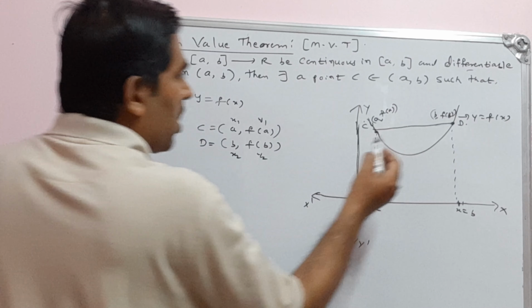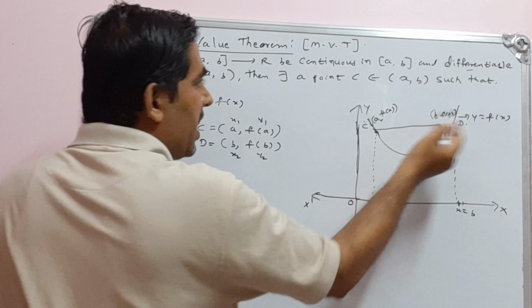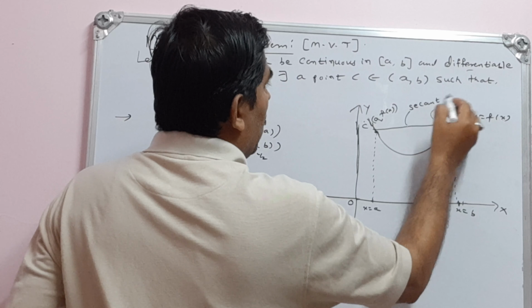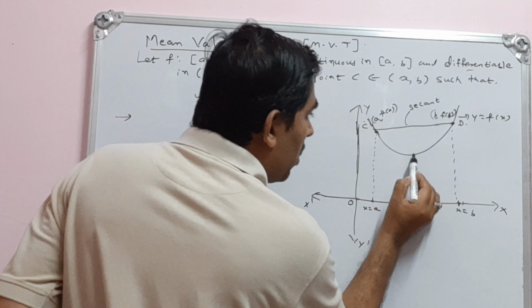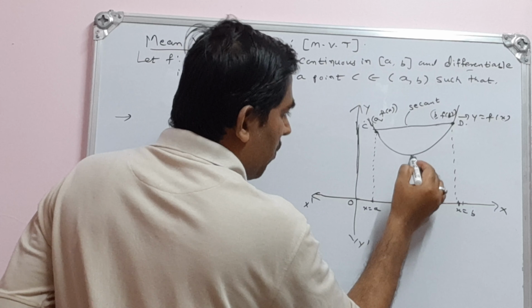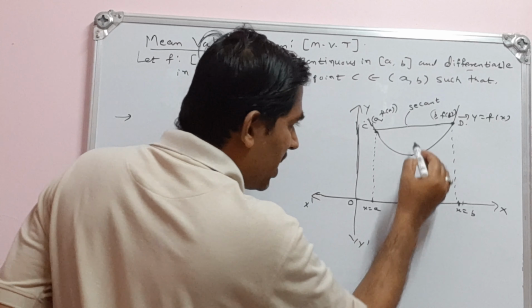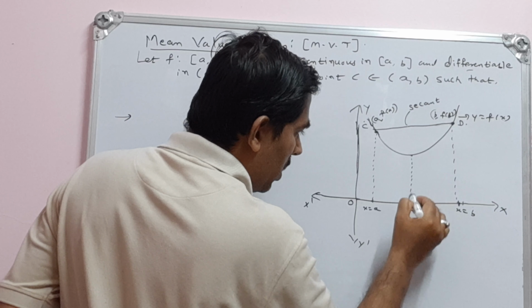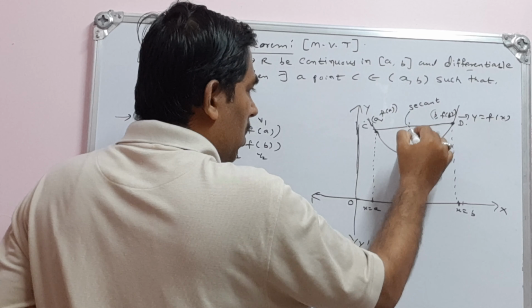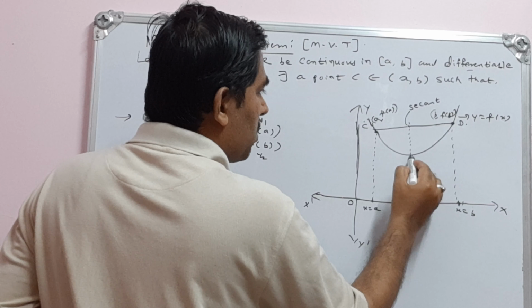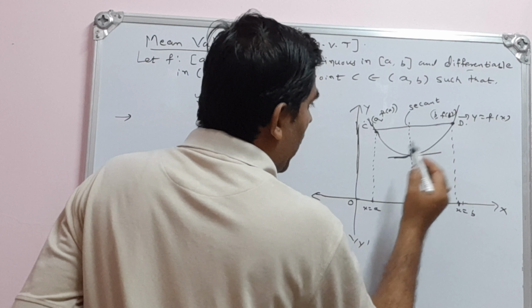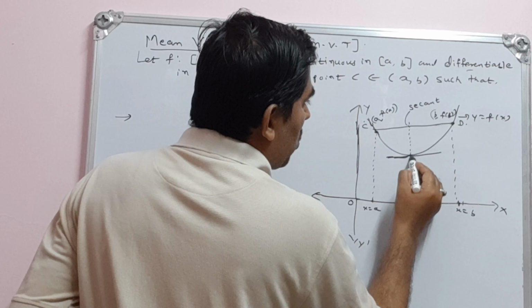What is this line? This line is called a secant. Now let me take a point c here on the curve, and I will draw a tangent at this point.